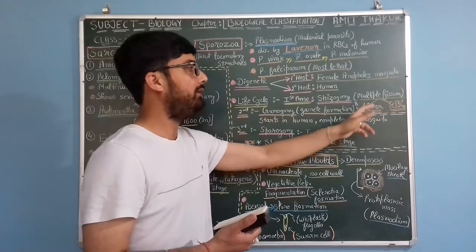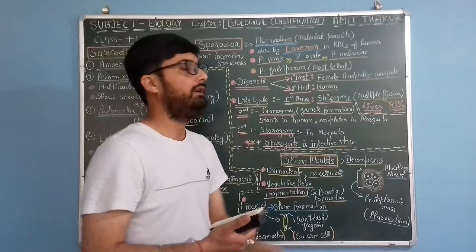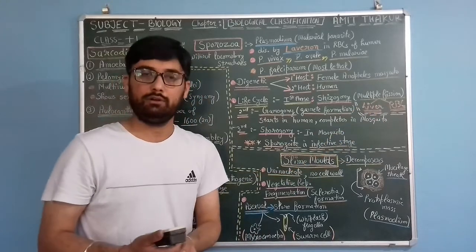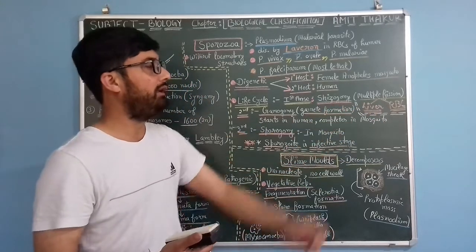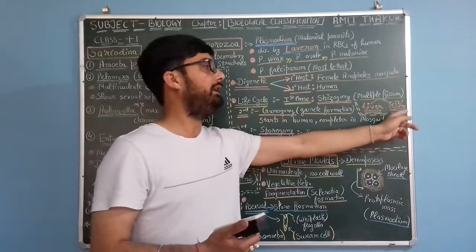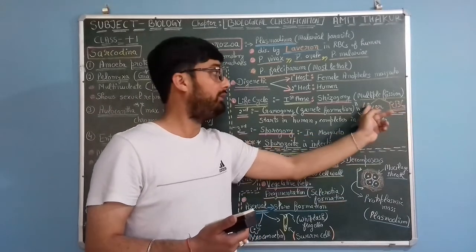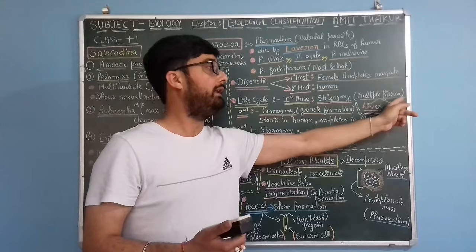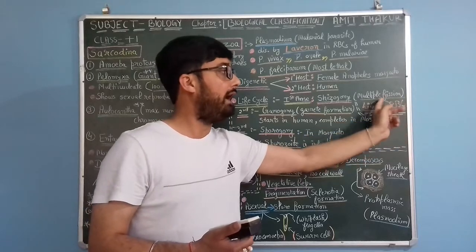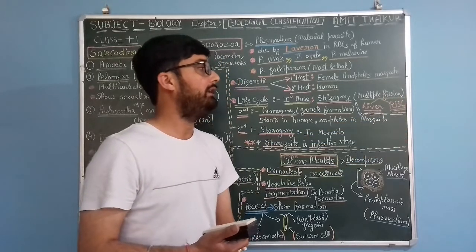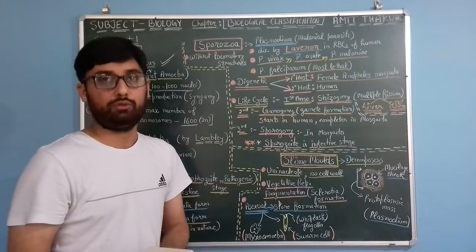Inside the liver cells, it is called hepatic schizogony, and when they infect the RBCs after infecting liver cells, it is known as erythrocytic schizogony.